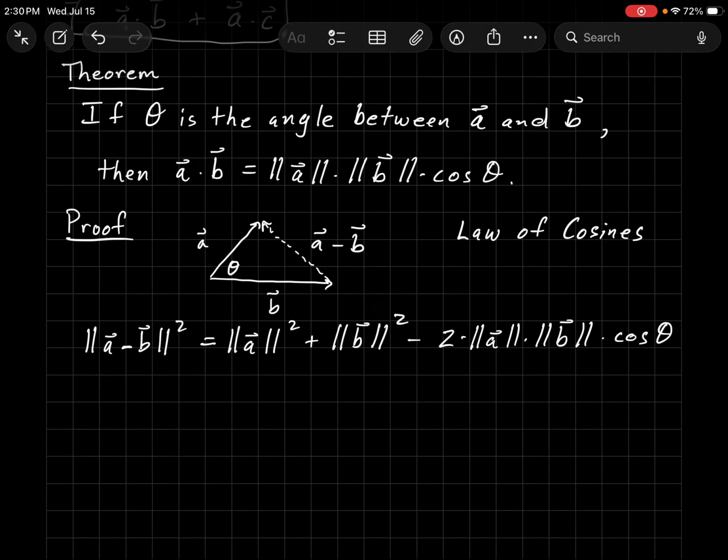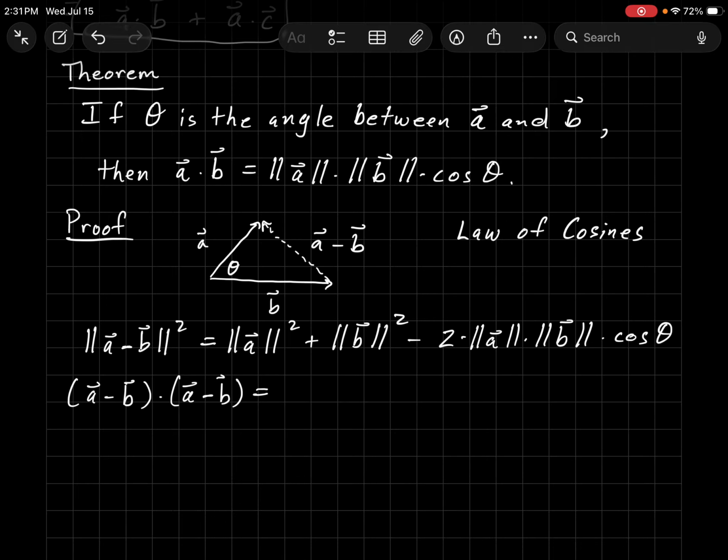Well, let's use our properties that we learned just a little bit before, and I can rewrite some of these things. So I know that the magnitude of A minus B squared is A minus B dot A minus B. And then I'm going to leave the right side alone and just mess with the left side a little bit.